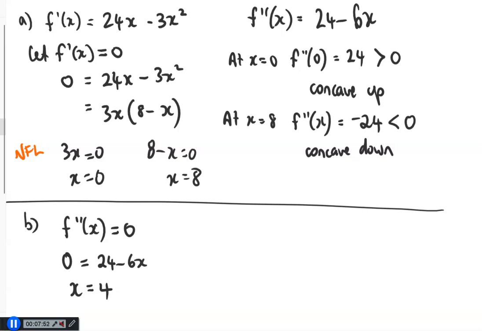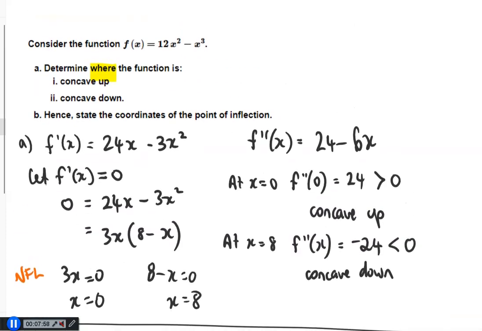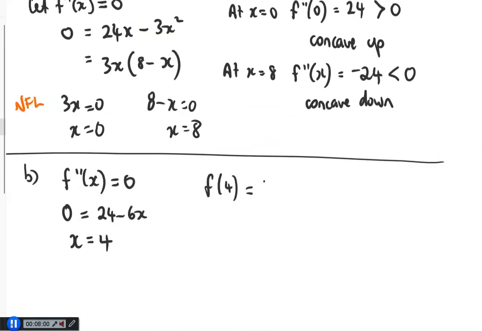Sub in, yep. So f of 4 is going to equal, what's the function again? 12x squared minus x cubed. So it's going to be 12 lots of 4 squared minus 4 cubed.